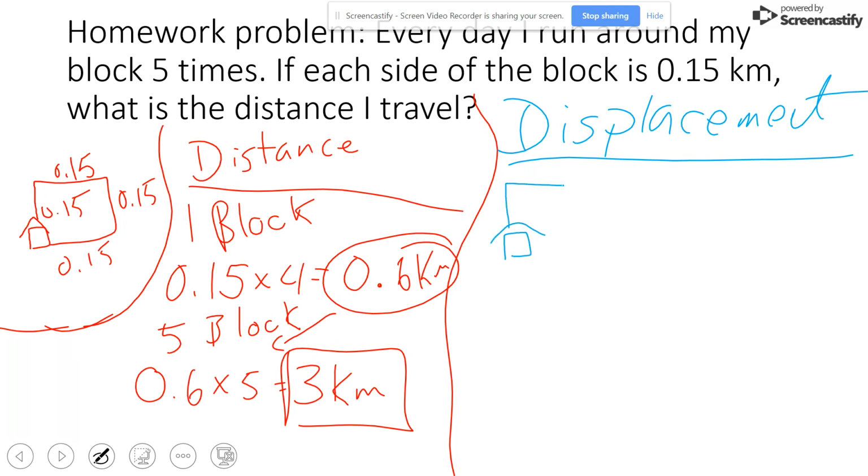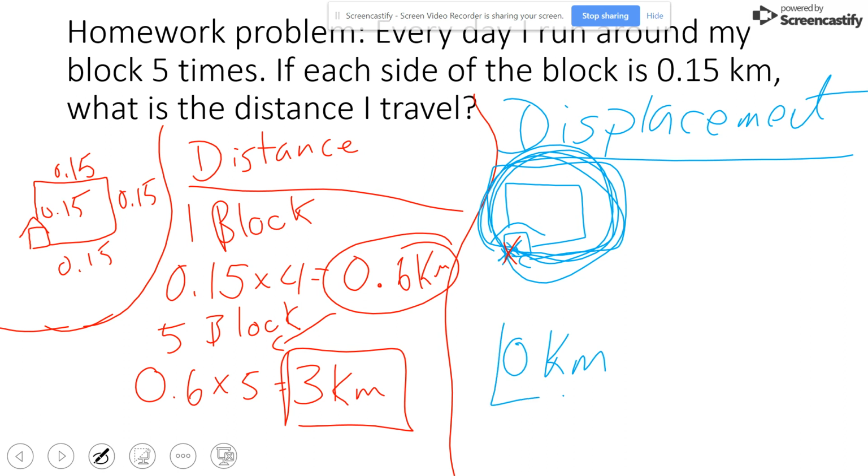Remember, displacement is from start. So if we start here, I go around and come back, that means my house is going to be my finish as well. So I do this 5 times. So there's 1, 2, 3, 4, 5, but I still end up right here. So that means my displacement for this is going to be 0 kilometers because I'm starting and stopping in the exact same spot.